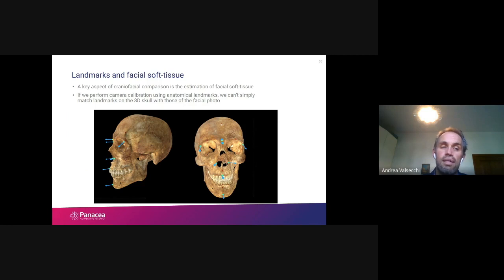The good news is that you know the direction of these facial tissues. So from the surface of the skull, you need to move, for instance, forward by a few millimeters.